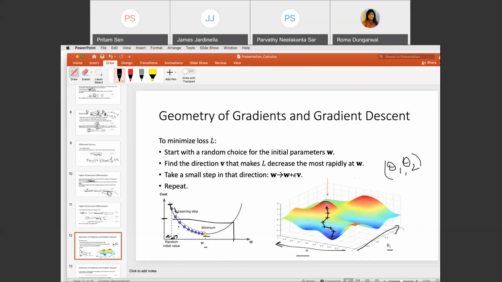We continue to follow the same step, increase the value of W and check the loss function again and again until we get to the minimum point. For this, we can also change each one and check the loss function and adjust it. So the steps are: we choose an initial parameter, then we find the direction where the loss decreases, then we make small steps to change the value of the weight parameters, and we repeat the whole process.